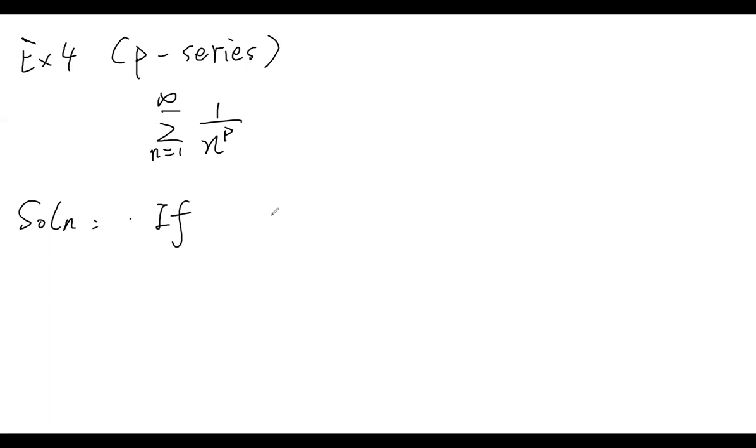Let me quickly write them down here. The first case is when p is less than 0. Then by the test for divergence, the series is divergent, because the limit of the n-th term when p is less than 0 goes to infinity.